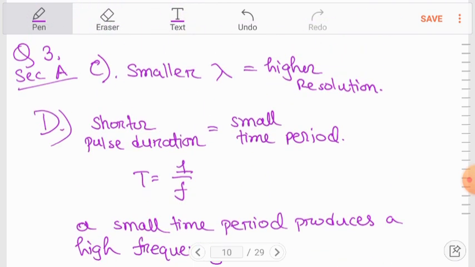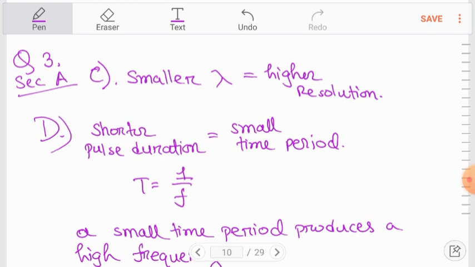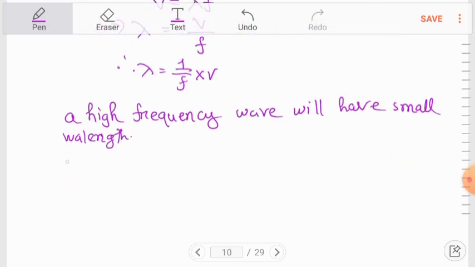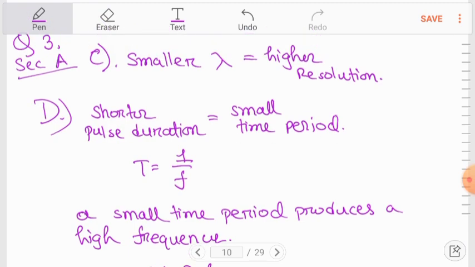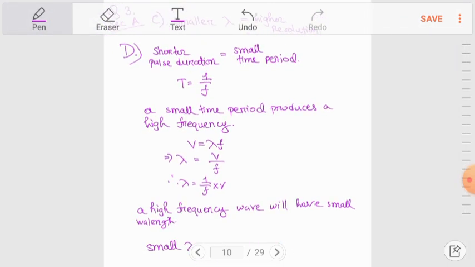As I've already said in option C, a wave with a smaller wavelength always produces an image with a higher resolution, which means that this sentence is actually leading to that term. A smaller wavelength is related to a small time period. From a small time period, according to the equation T equals 1 over f, as time period and frequency are inversely proportional, a wave with a smaller time period will have a high frequency.